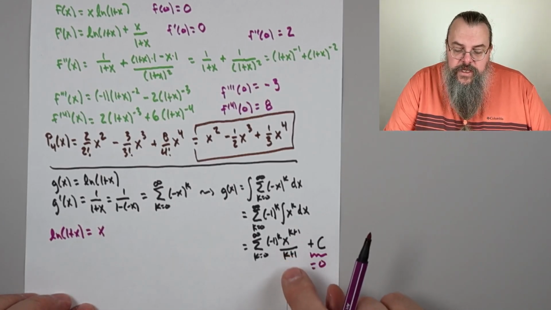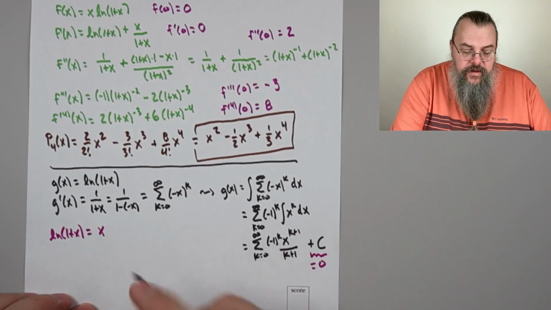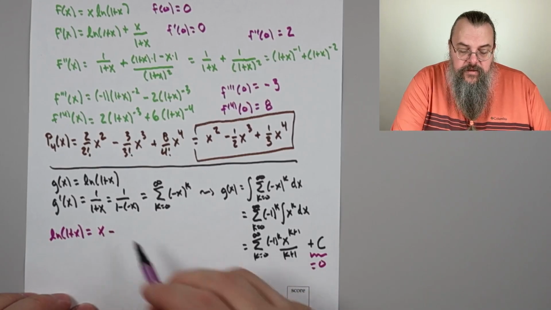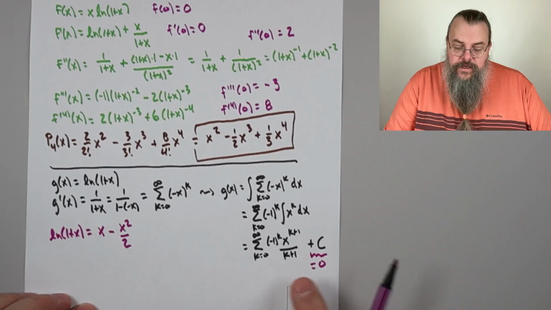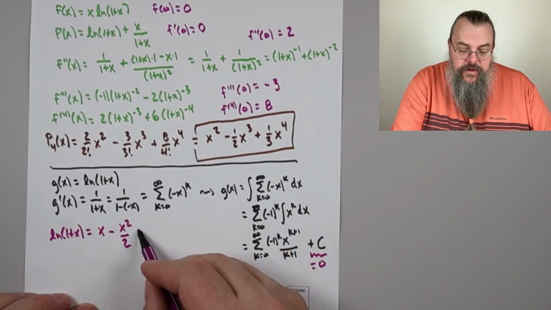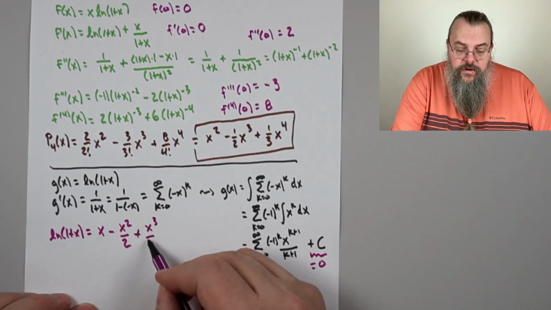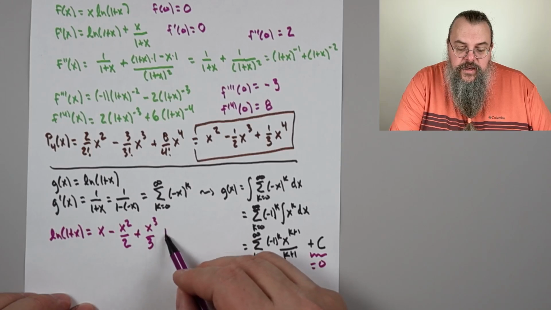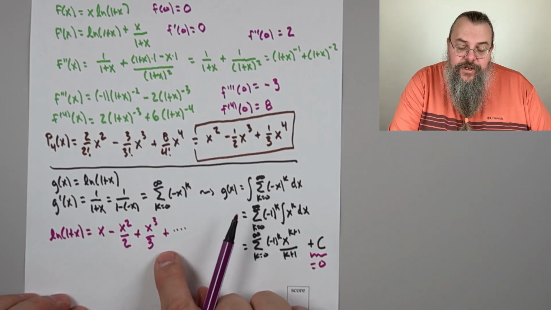Now plug in 1. We're going to get a minus, and then x squared over 2. Plug in 2, and we'll be back to a plus, and then we'll have x cubed over 3, and other terms. Now, why do I stop here?